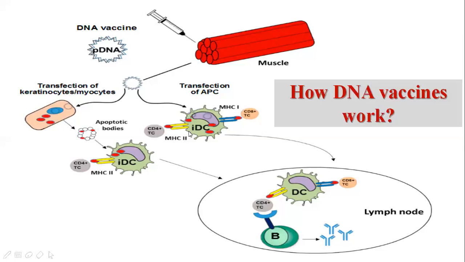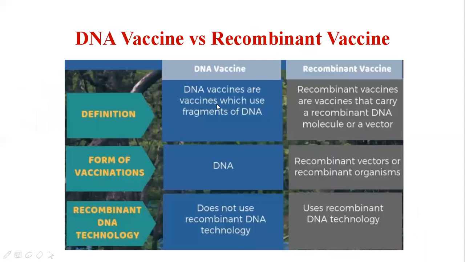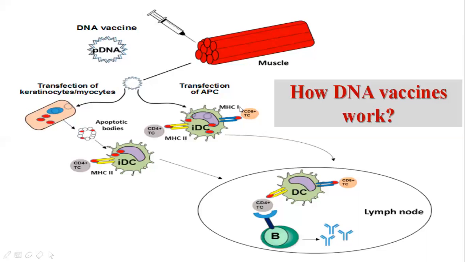So parallel presentation via these APCs by the two types of MHC molecule, MHC1 and MHC2, yielding both CD8 plus, means cytotoxic T cell, as well as helper T cell. So that response goes in parallel. And besides this cellular immune response, a humoral immune response is induced.